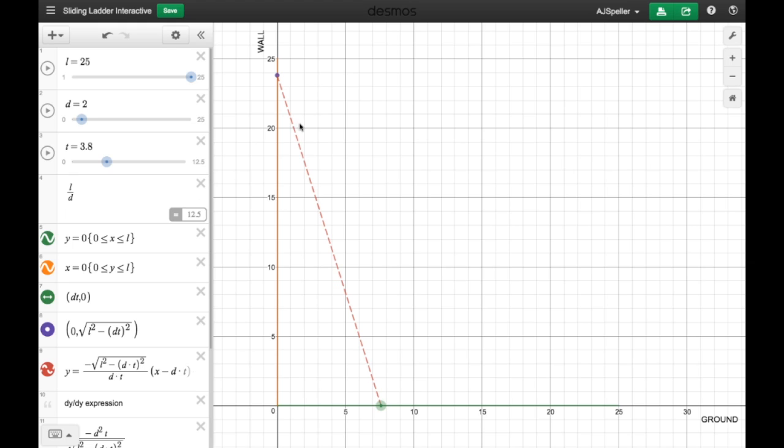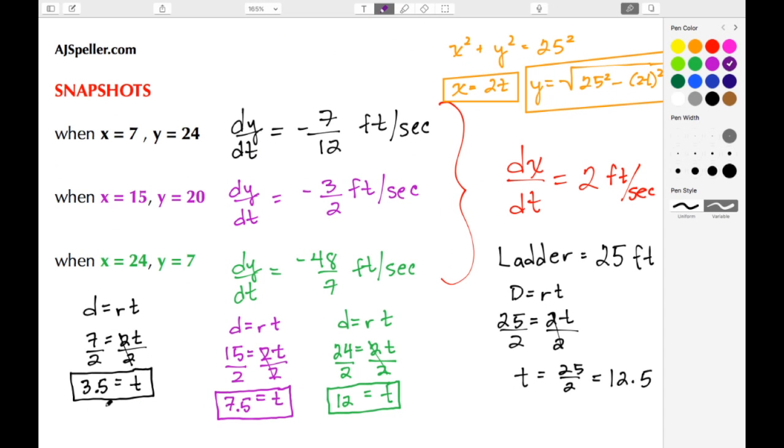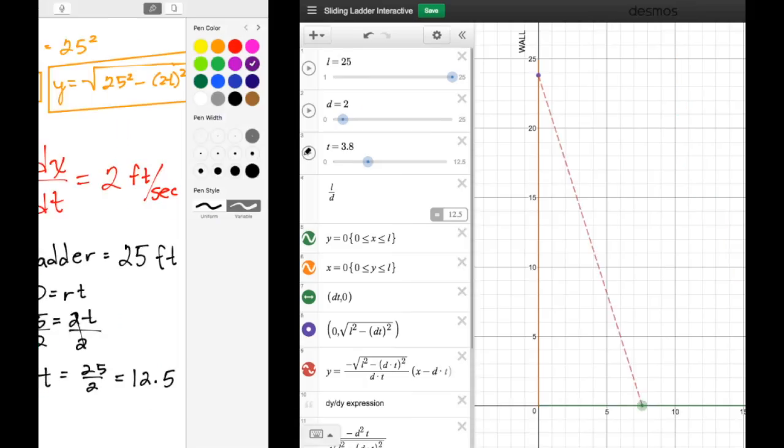All right, and if you've been watching, you know that our model here has been moving accordingly. So what we want to do now is use these times. At time 3.5, when we're 7 feet away, we want to verify that the velocity at which the top of the ladder is moving is negative 7/12 feet per second.